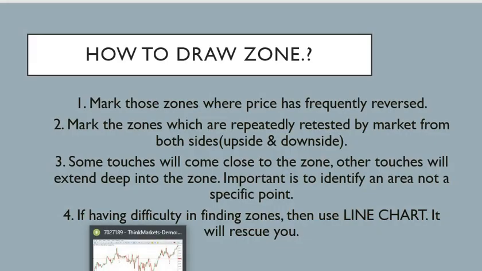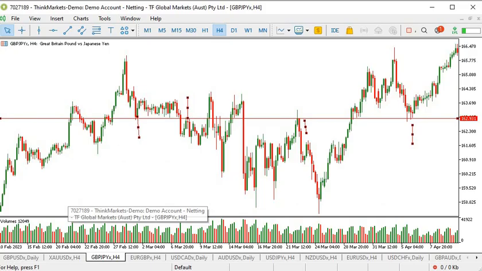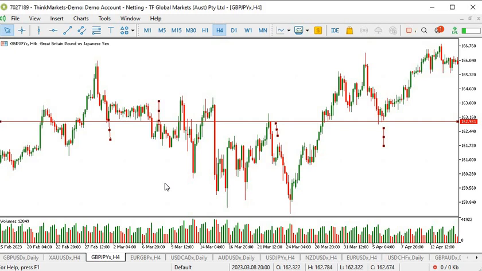It is just a view of the third point on the chart too. Here we can see this zone is not a clear point, it is an area. The market has extended here at this point.